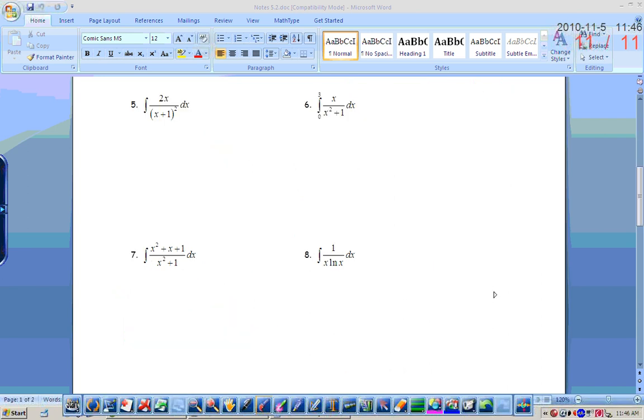Number 5. Anybody have any thoughts? Like u is x plus 1? Okay, let's try it. So what's du? dx. Okay, I don't have a problem with that. Solve for x. Very good. x is going to equal u minus 1.